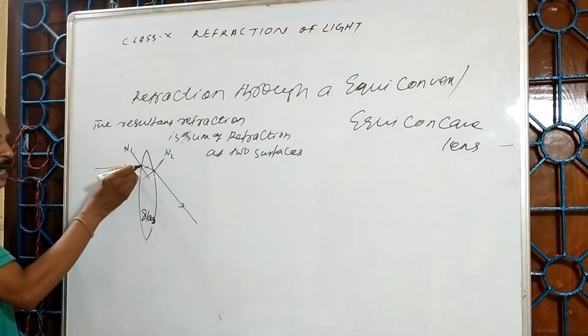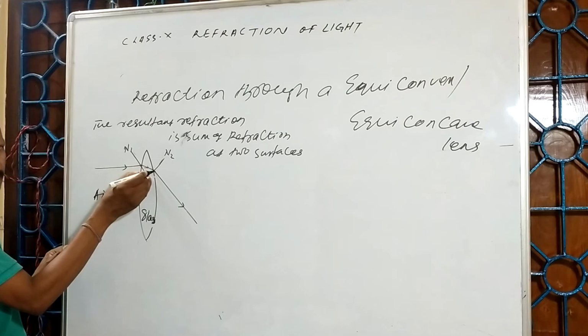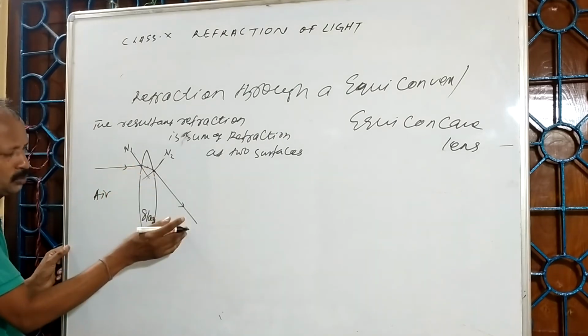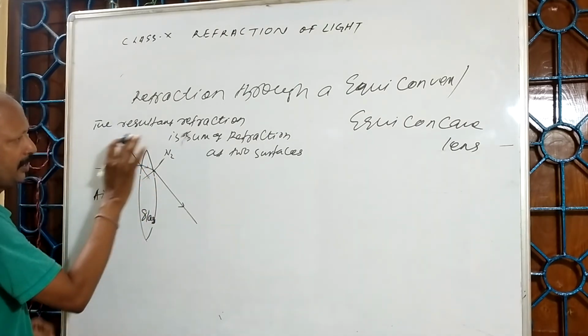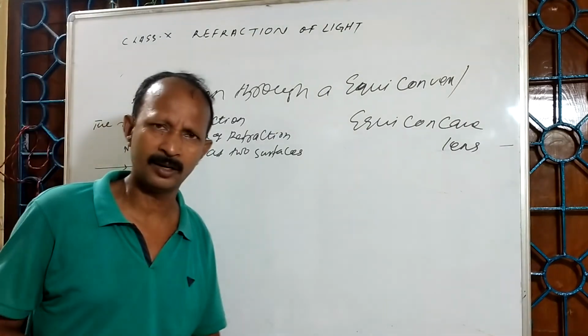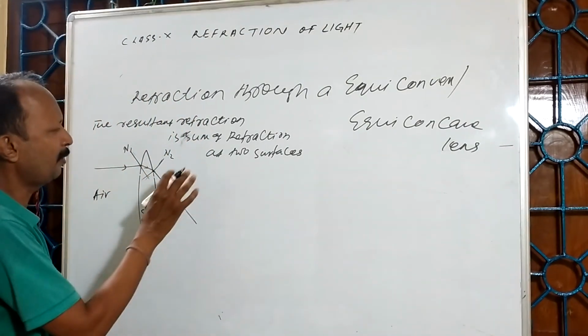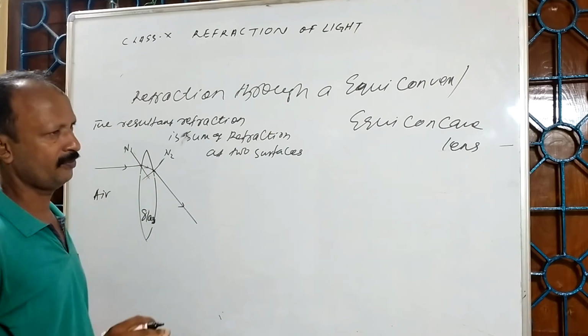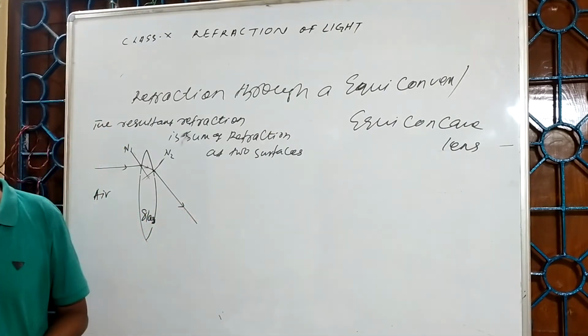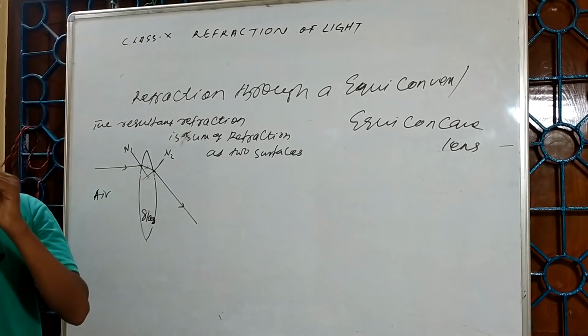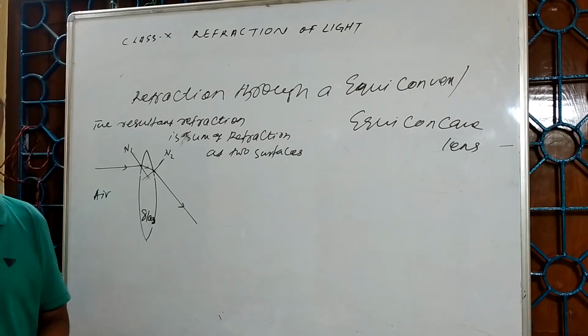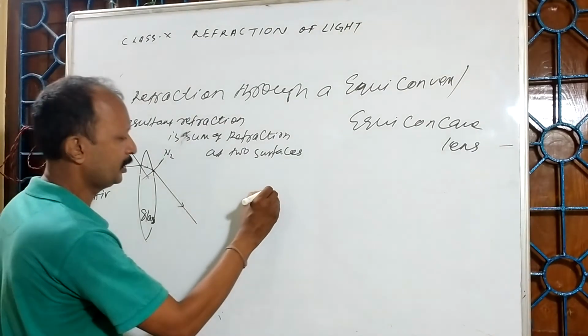Once it is refracting at this point, second time it is refracting at this point. That's why I can tell the resultant refraction, the total refraction, is the sum of refraction at two surfaces. This is the case of an equiconvex lens. Similarly, we can draw an equiconcave lens also.